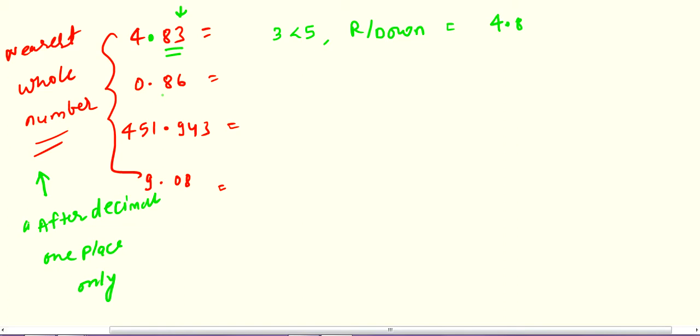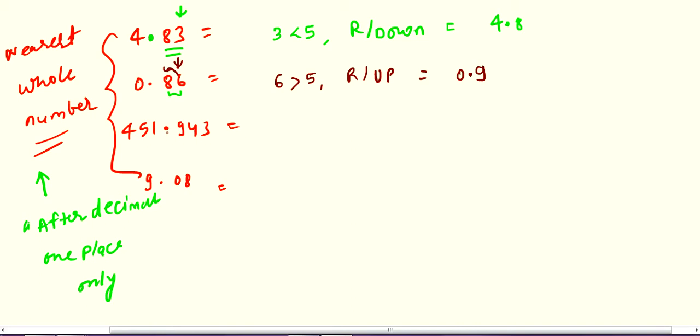Now we have 0.86. After the decimal we have two places. The last value is 6, and 6 is greater than 5, so this is the case of rounding up. So we remove this 6, and it gives 1 to the previous number. So 8 plus 1 is 9. So 0.86 is 0.9 now.